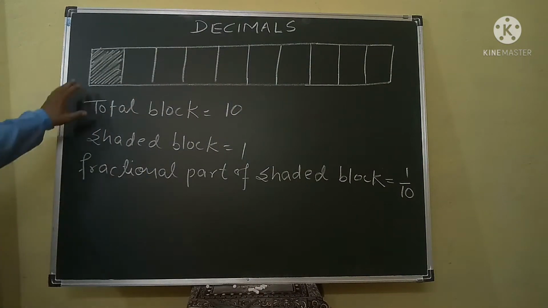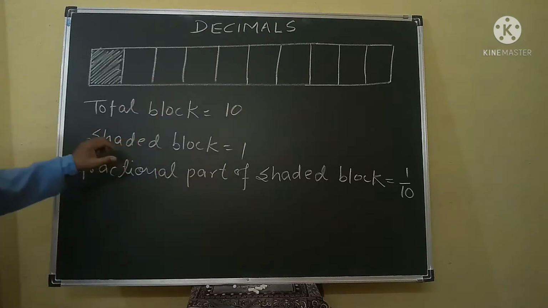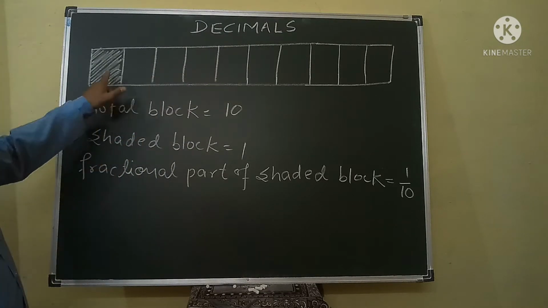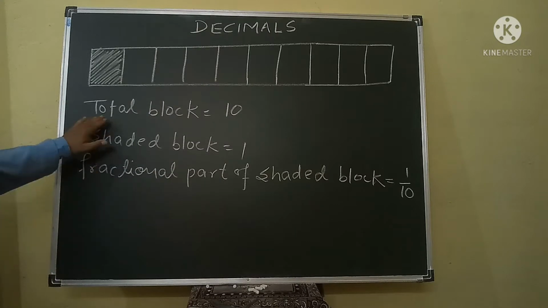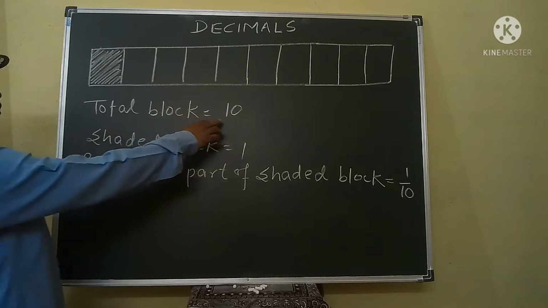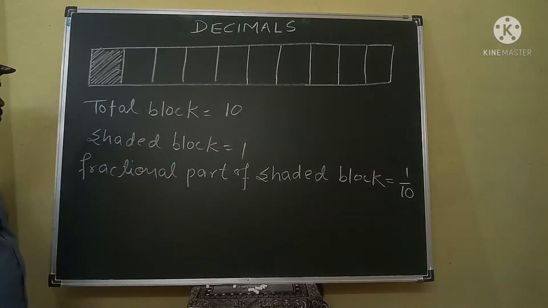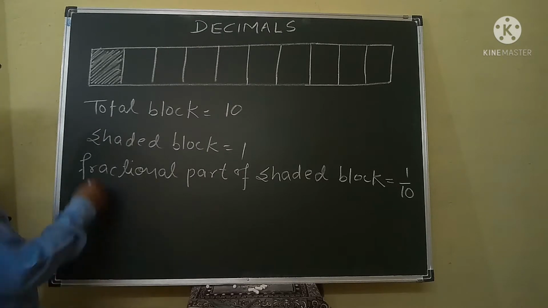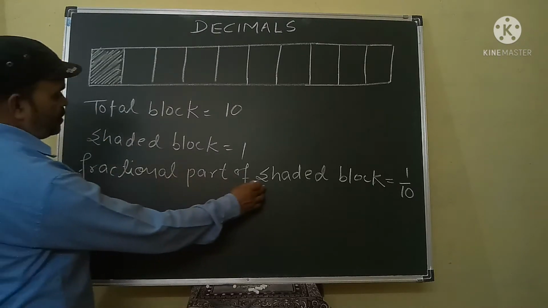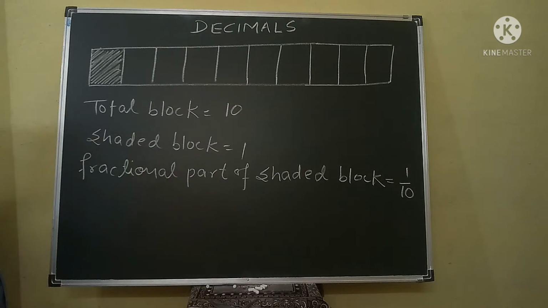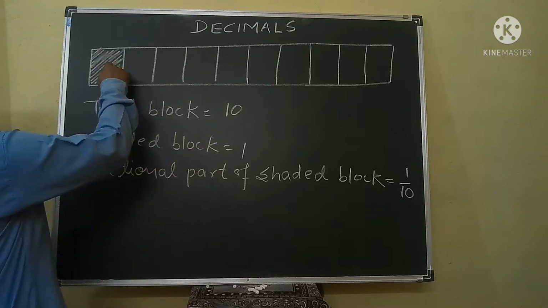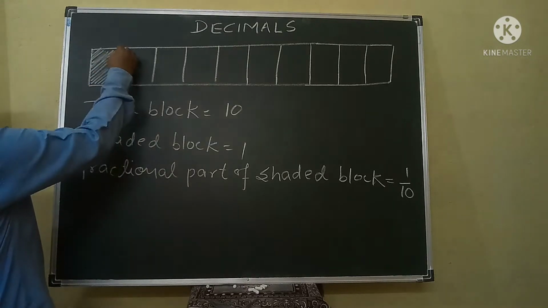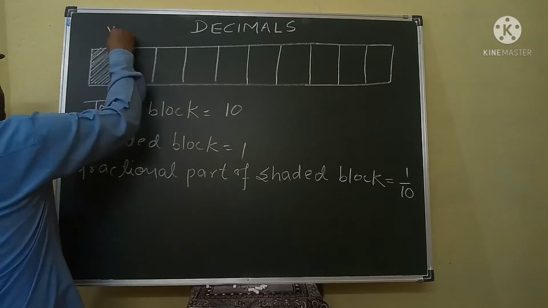As you are looking, this is one rectangular block divided into 10 equal parts, so the total is 10 blocks. Out of these 10 blocks, only one block is shaded. So I have one question: what is the fractional part of the shaded block? That means this is 1 upon 10.